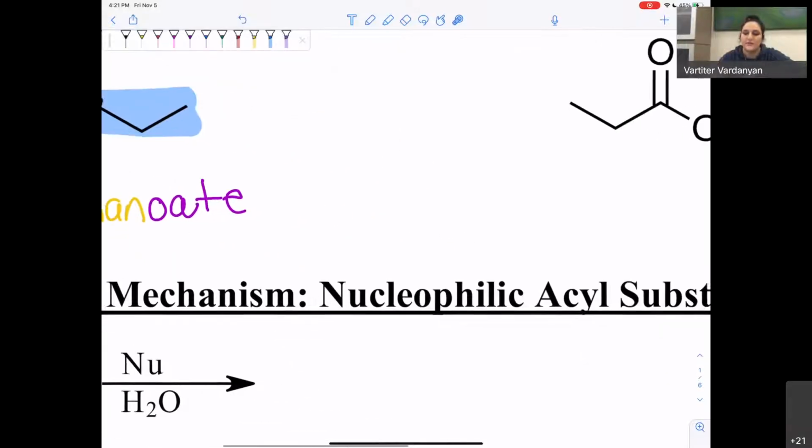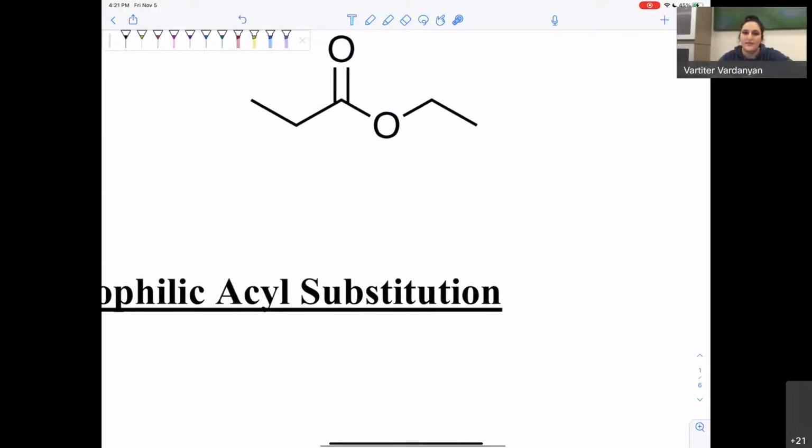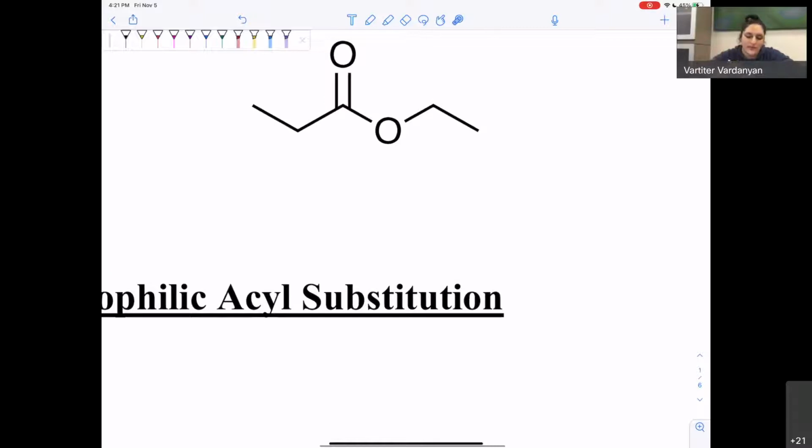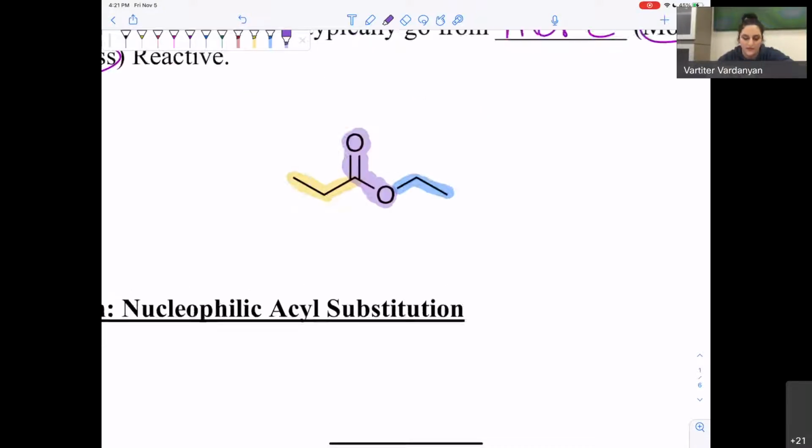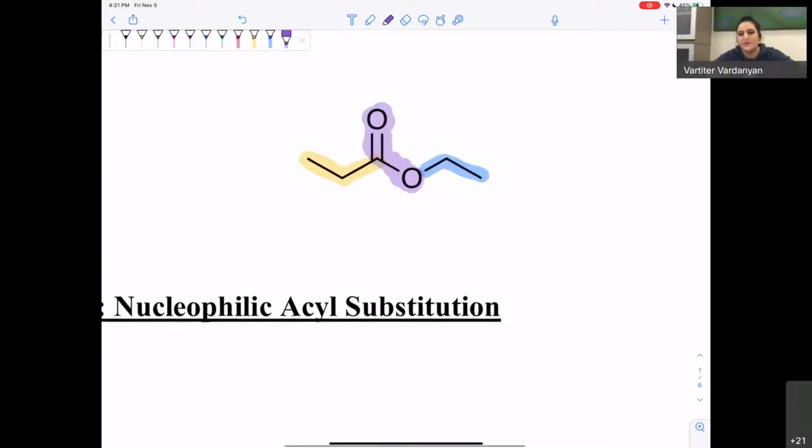Now let's go over to the next one. So we have the side coming off of the oxygen, and then we have this side. Okay, just wanted to make sure my color coding was the same. So we're going to start with the blue again. 1, 2 carbons. So it is ethyl.